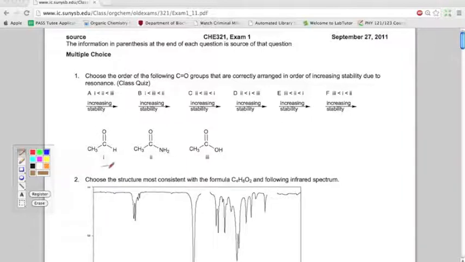So this molecule 1 here has resonance structures of this, and to do that we are just pushing up those electrons. This second molecule has resonance structure one, and a second resonance structure when you move these lone pairs on the nitrogen, and it pushes up again.